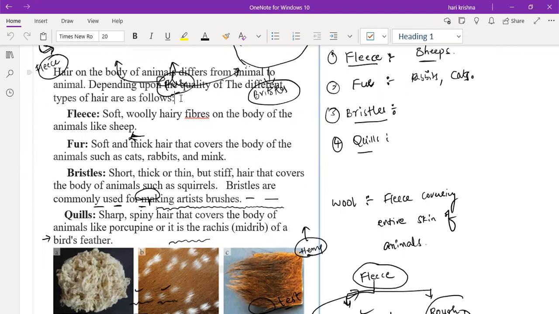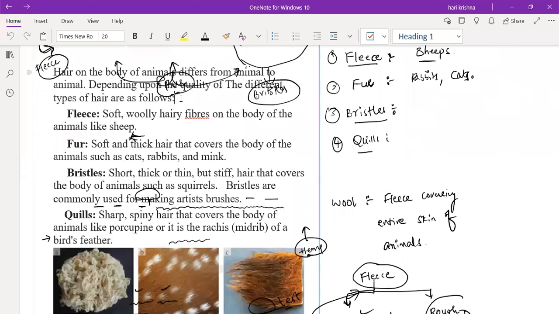Suppose if you take domestic animals itself, like dog, cat. Camel is a domestic animal.